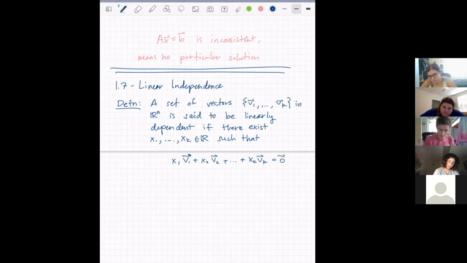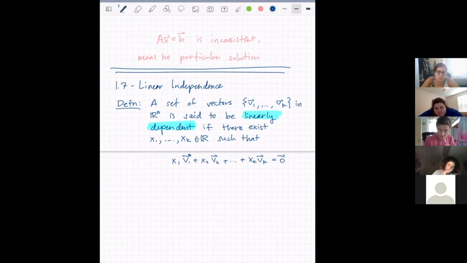Okay. So this is said to be linearly dependent if we can find these scalars, x1 up to xk. So this is just saying that we can find a solution of this vector equation, right?